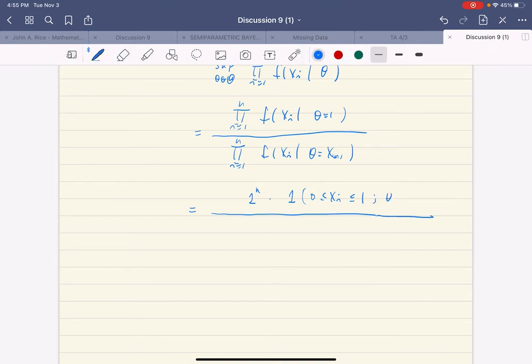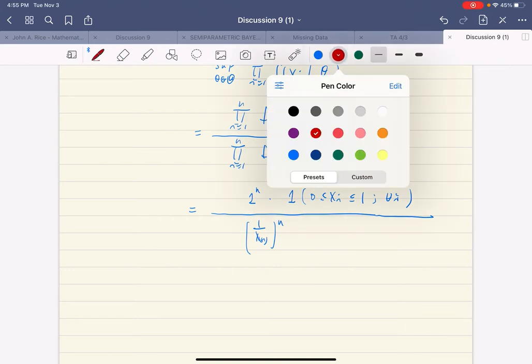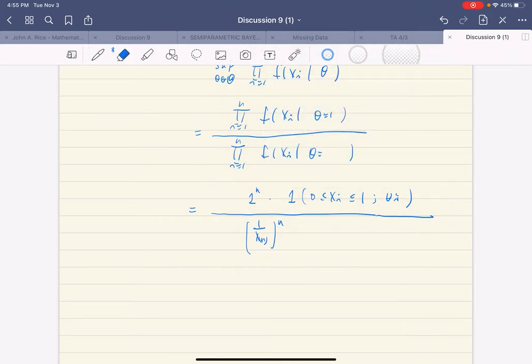And this is for each i. And in the denominator it is 1 over Sn to the power n, because we know that theta hat MLE is Sn, the largest value.